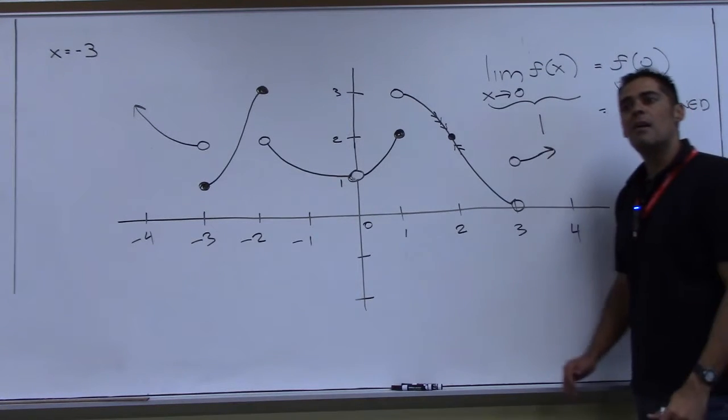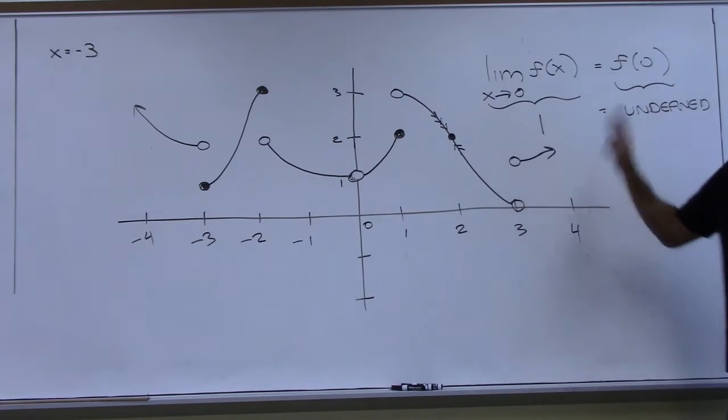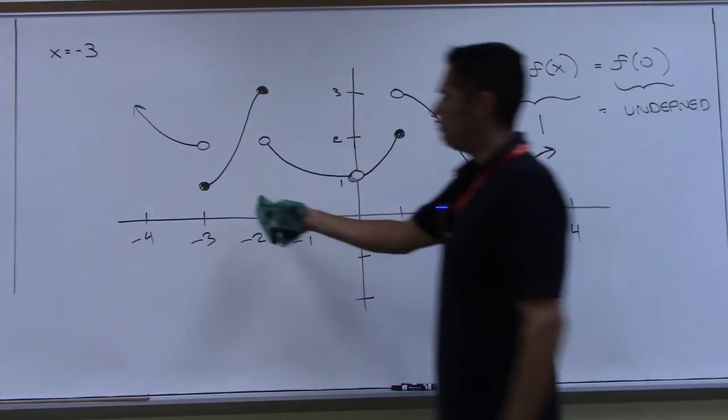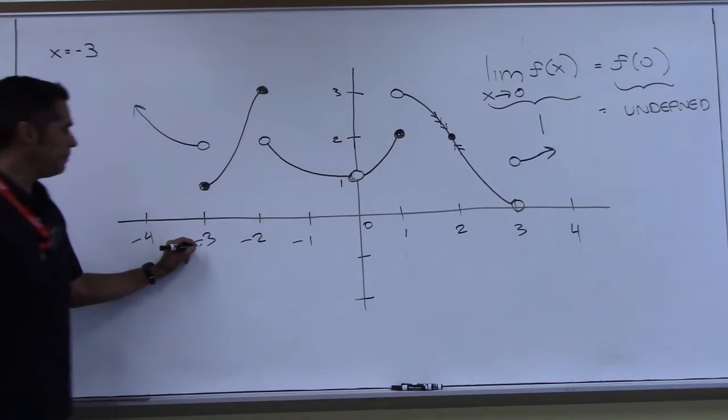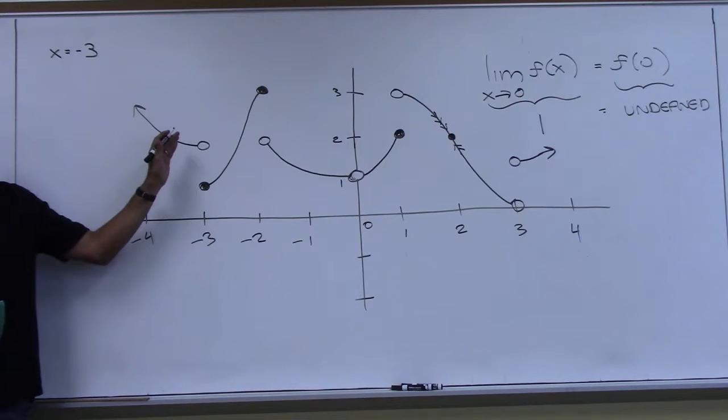And then they talk about left and right continuous. To be continuous is a very, very strong condition at a point. But then we have a weaker condition, a lesser condition, which is called left or right continuity. So look at this right here at -3. At -3, the part of it that screwed it up was the limit, right?